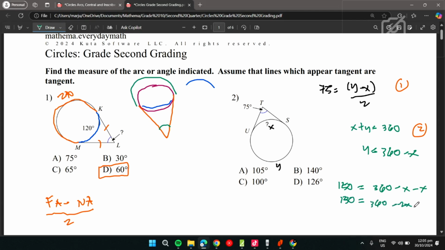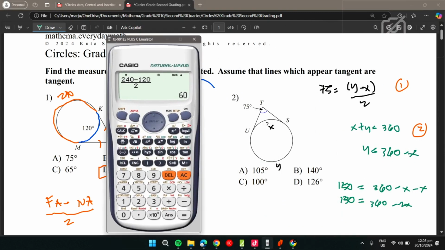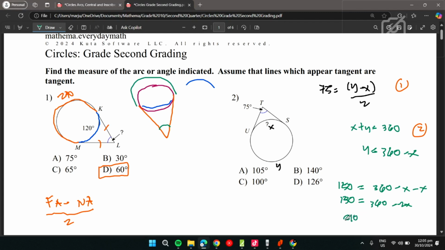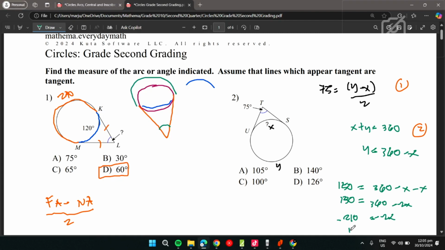Minus 2x. And then calculator natin. What is 150 minus 360? That is actually negative 210. So this is negative 210 equals negative 2x. So yung x natin is what? Divided by 2, ang x natin will become 105. So this is our x.